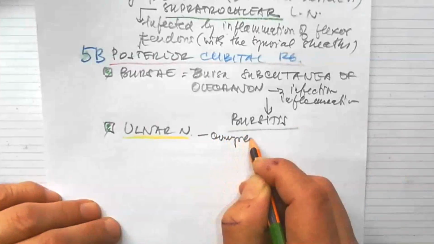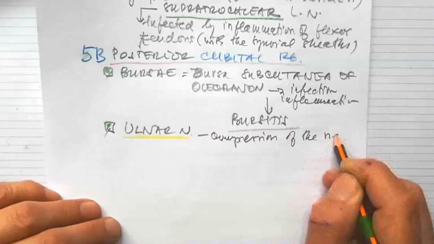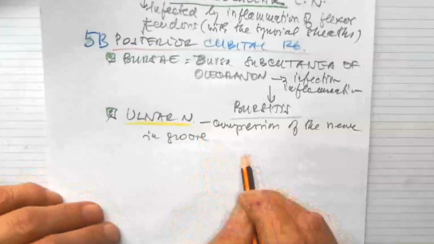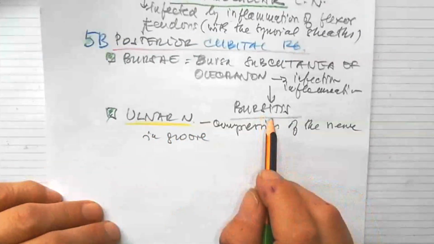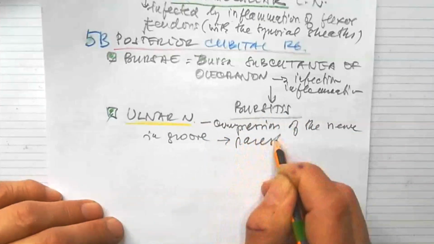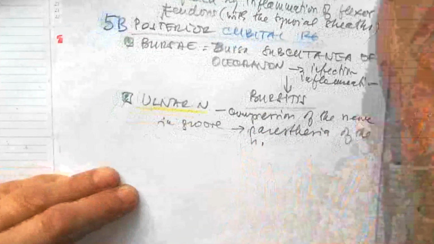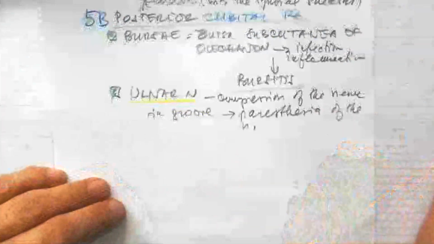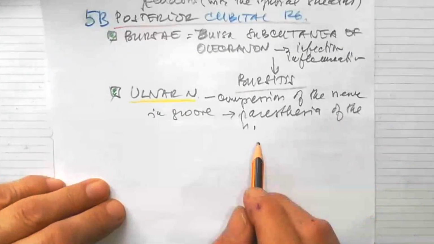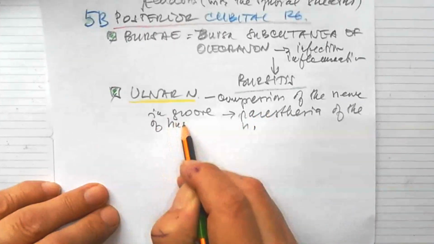So I would say compression of the nerve in the ulnar sulcus behind the medial epicondyle, leading to paresthesia of the nerve. We feel it as a typical irritation, mainly on the medial side of the palm, and also affecting the fourth and fifth finger. Good, in the groove of humerus, definitely.